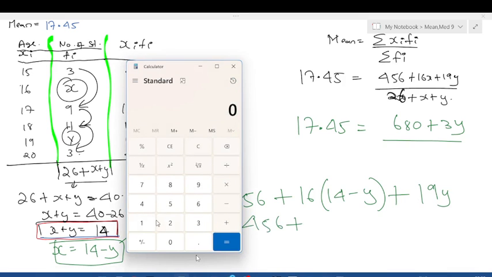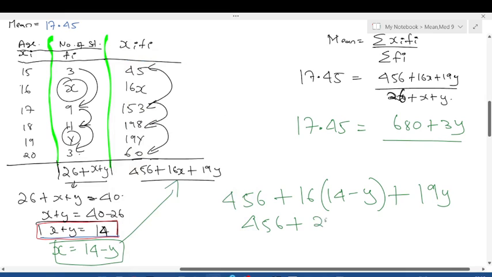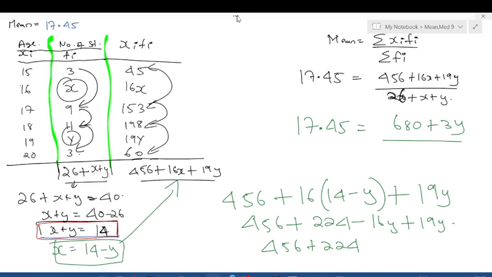You can even do it like this. 16 into 14 is how much? 224. Open the bracket, minus 16y plus 19y. 456 plus 224. What is minus 16 plus 19, students?